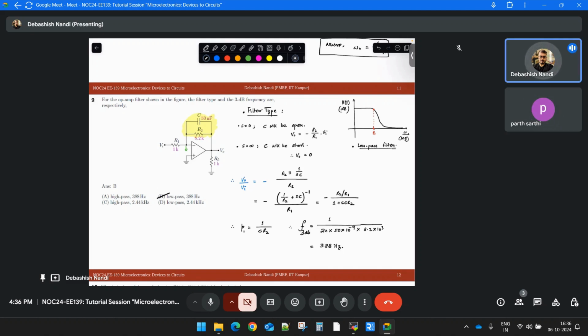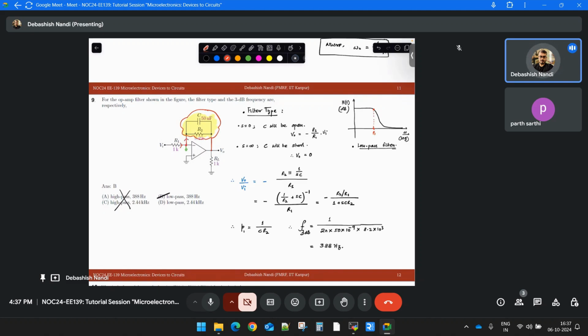Just by looking at the circuit, you can conclude that it is low pass filter, so you should not be worried about that. Now you need to worry about the cutoff frequency. To know the cutoff frequency, you know the inverting amplifier gain. Whatever I connect here does not matter, because whatever current flows here will flow through this point only.